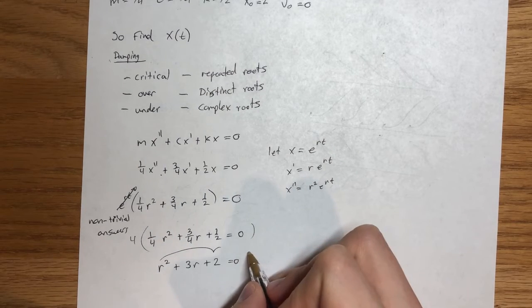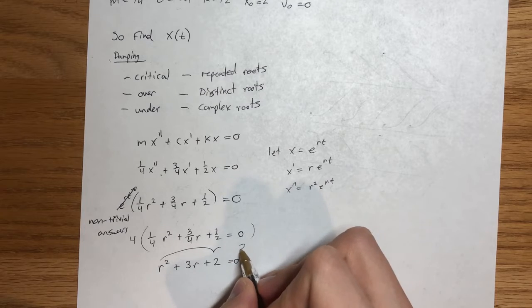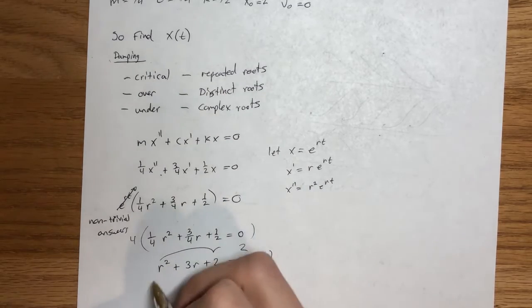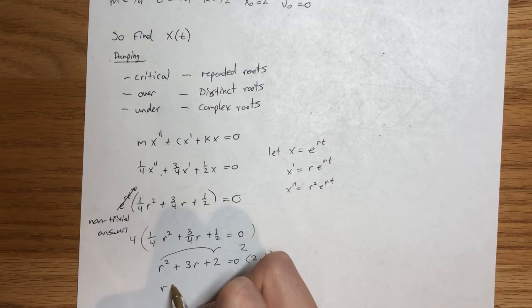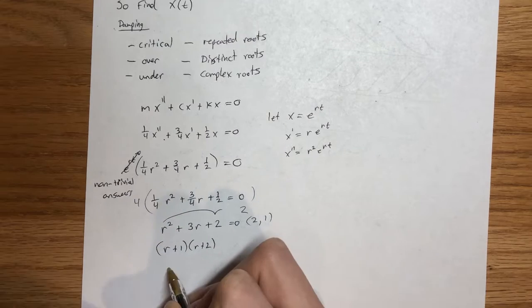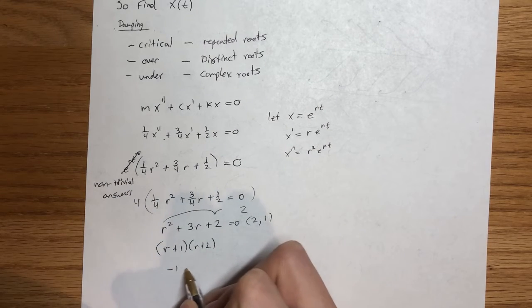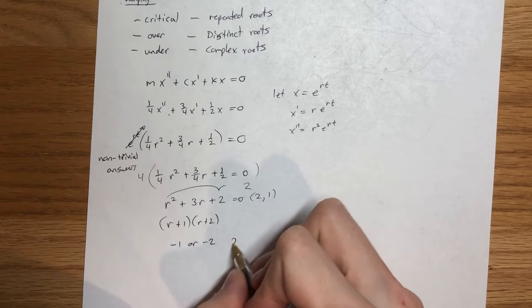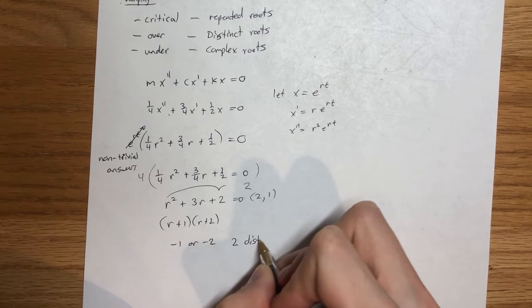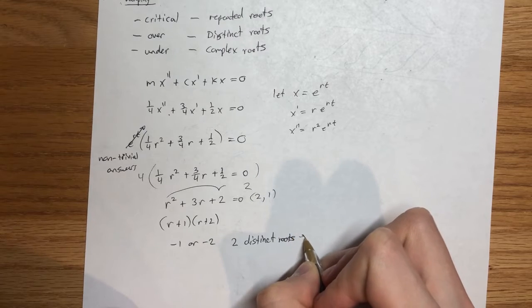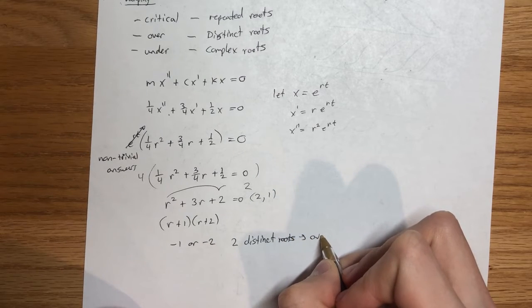Factoring this, 2 and 1 add to 3, so I have r plus 1 and r plus 2, where r is either -1 or -2. And so we have two distinct roots, which means we have an overdamped case.